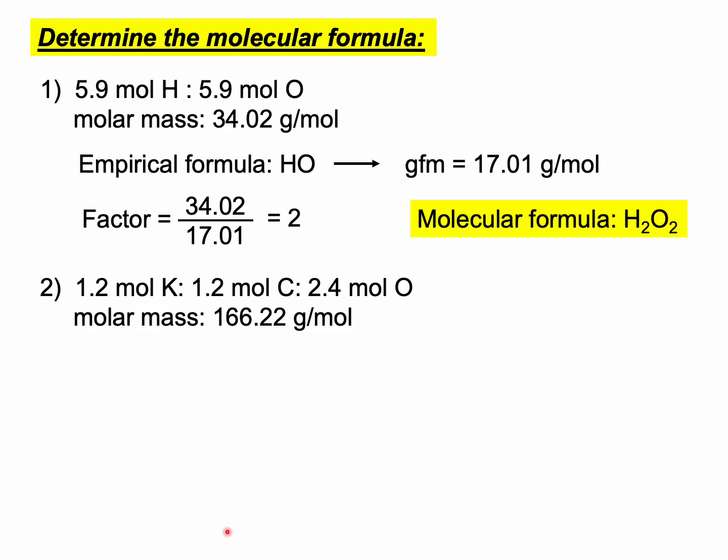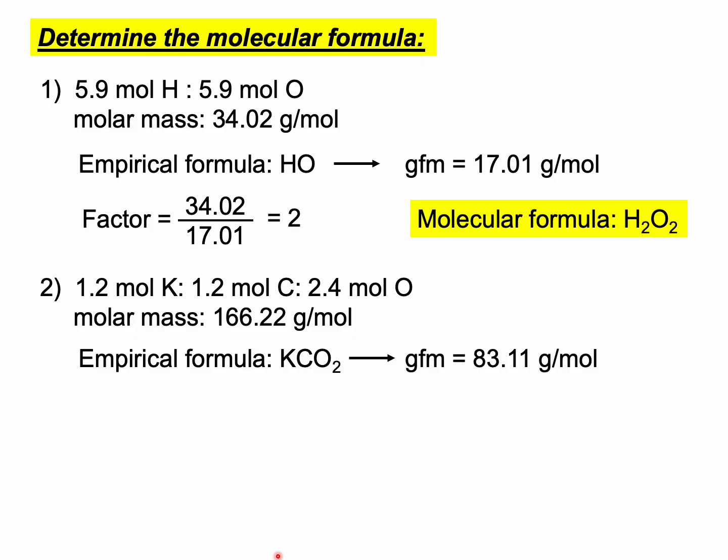Do the same thing for the next example. So we divide through by the smallest number of moles. We're given what the molar mass of the molecular compound is. The empirical formula is KCO2. It has a small GFM of 83.11 grams per mole.